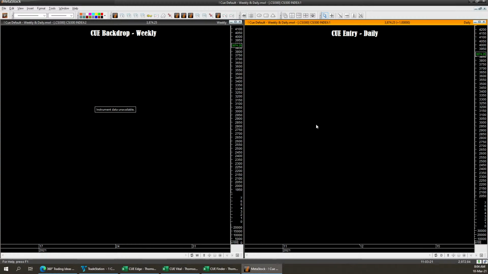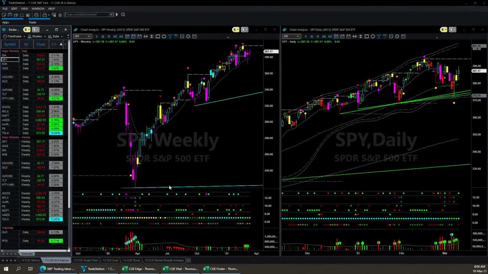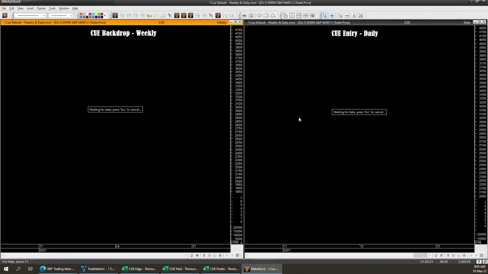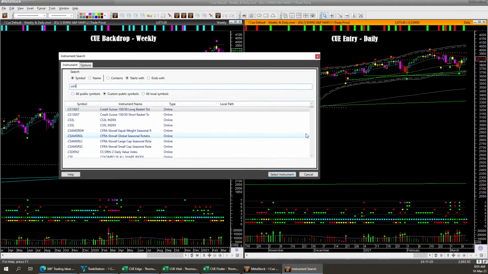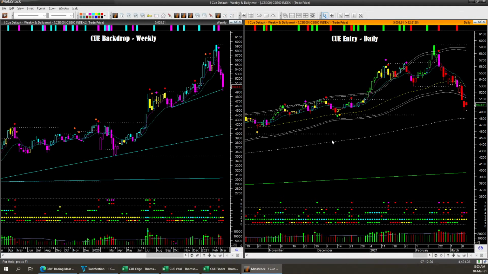Let me close MetaStock and open again. Some connection issues. Sorry about that. Let's try. Change the symbol to CSI 300. Okay.